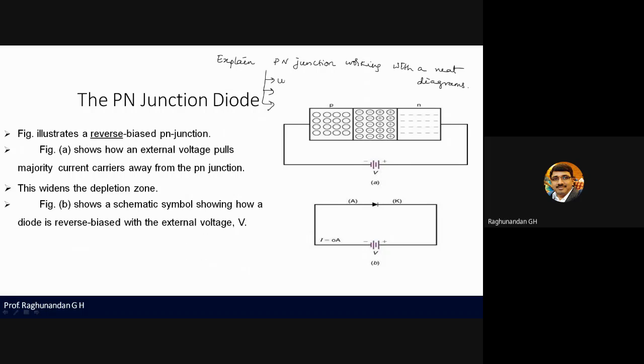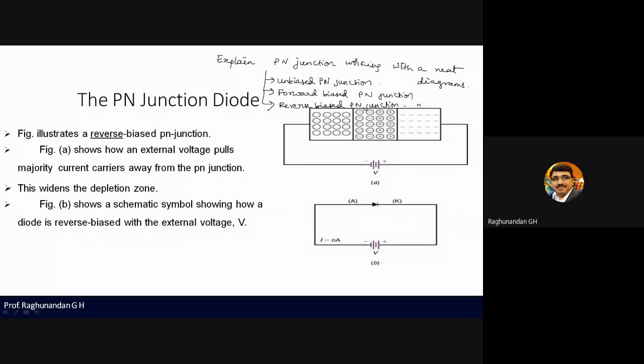First stage is unbiased PN junction. Second one is forward biased PN junction. Third one is reverse biased PN junction.